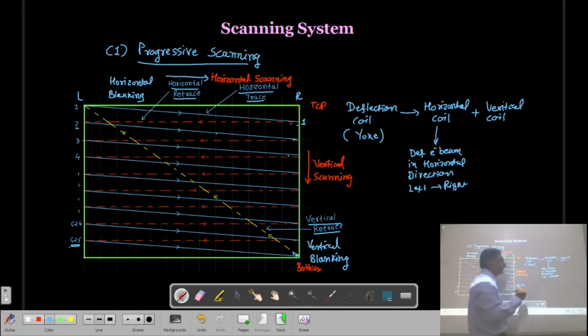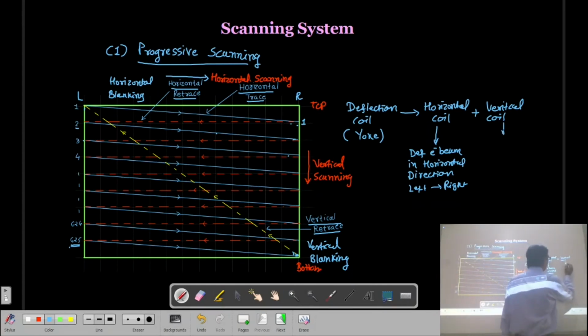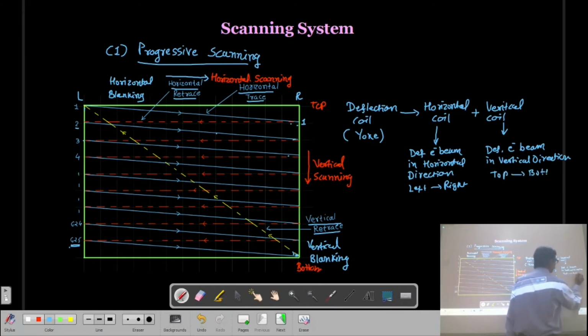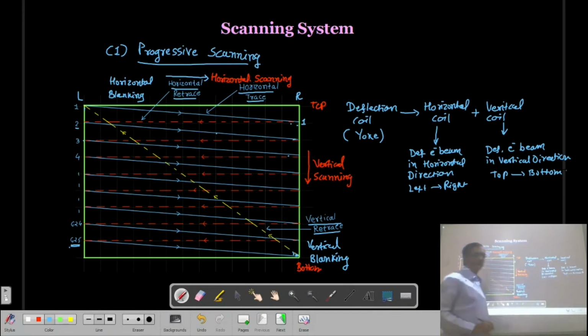What is the function of the vertical coil? That is going to deflect the electron beam in vertical direction, means top to bottom. Correct?